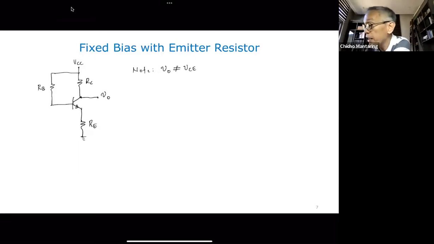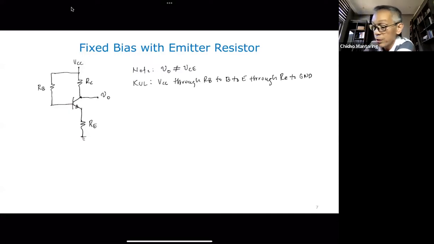Let's do a KVL along this path, from VCC through RB to B, to E, through RE to ground.